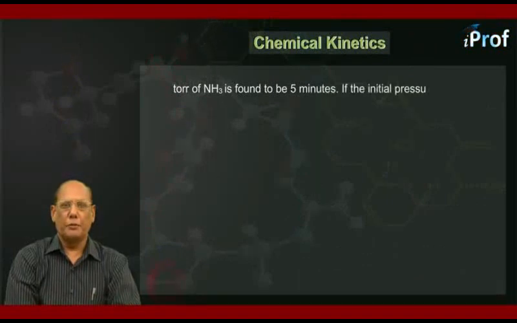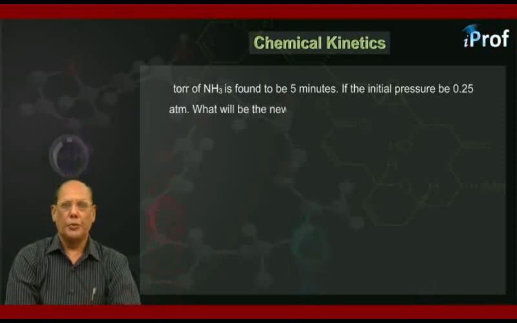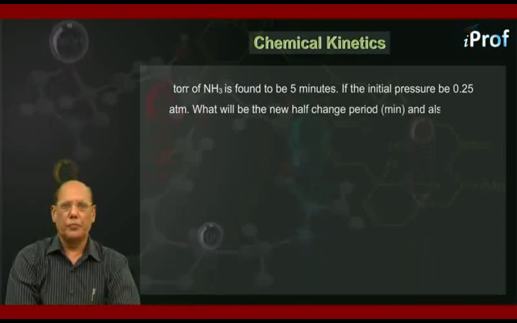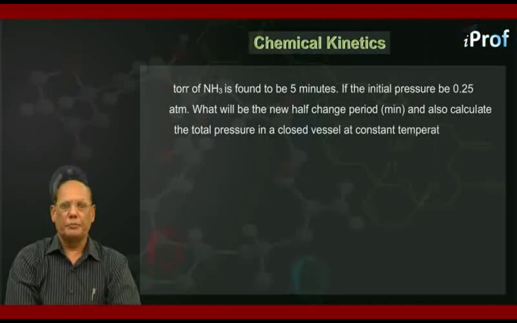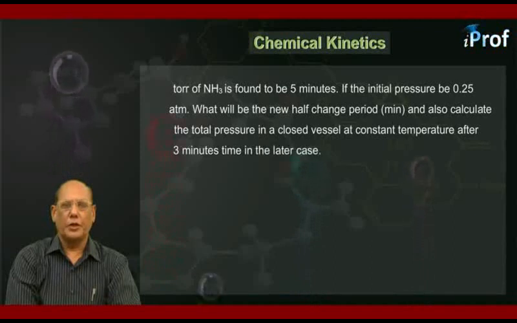If the initial pressure be 0.25 atmosphere, what will be the new half change period in minutes, and also calculate the total pressure in a closed vessel at constant temperature after 3 minutes time in the latter case.